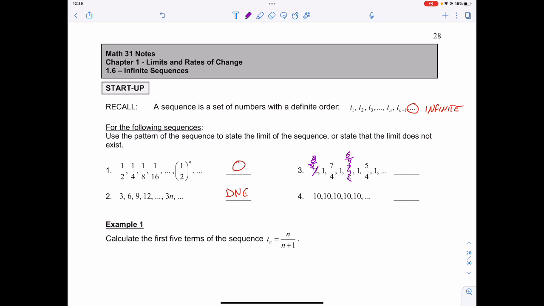Because this is oscillating back and forth between 1 and a descending pattern, in this case, the limit does not exist. In the last case, if every term is 10, then obviously it is always approaching 10.